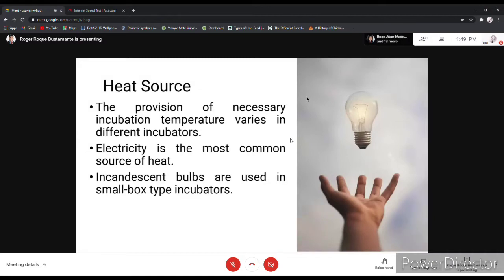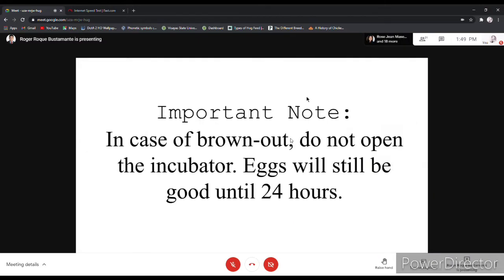So an important note: in case of brownout, do not open the incubator. Do not open the incubator. Eggs will still be good until 24 hours. So your incubator, you do not open every hour, every day.